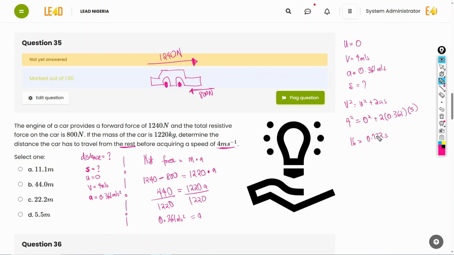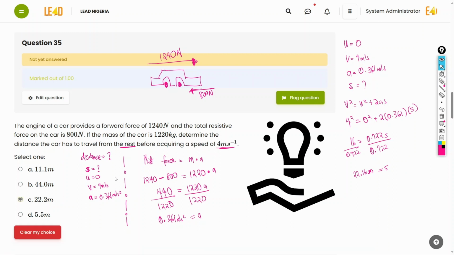Let me just confirm, sorry, 0.361 times 2. Yes, 0.722 times S. That means my S would just be to divide both sides by 0.722. So that gives me 22.16 meters, right? 22.16 meters. That's C, 22.2 meters.